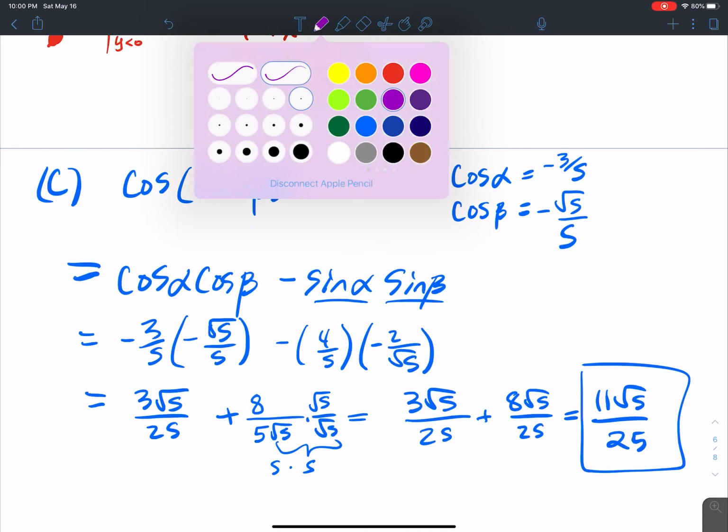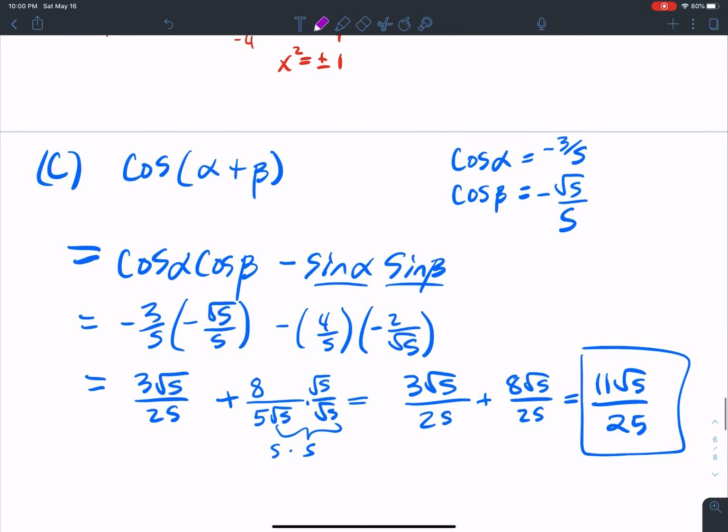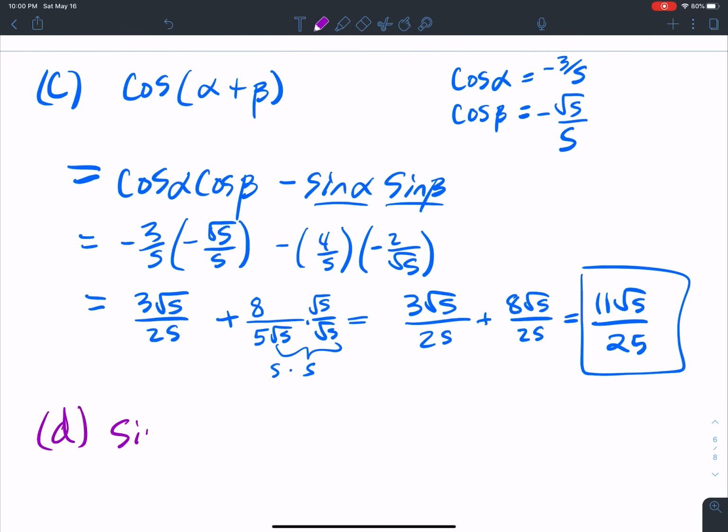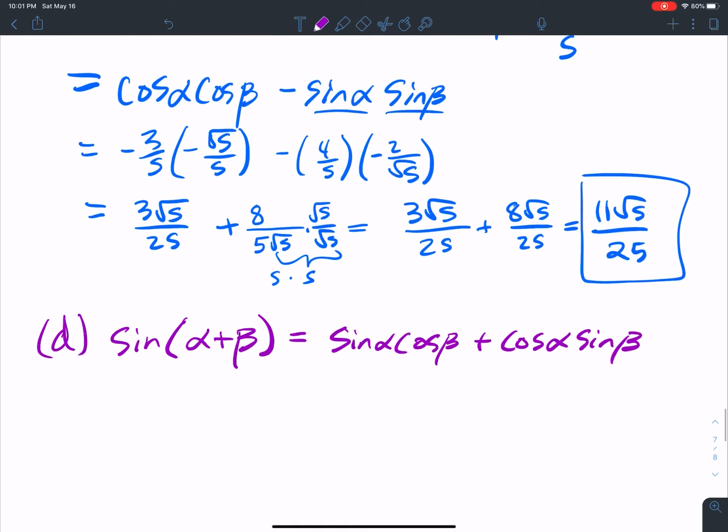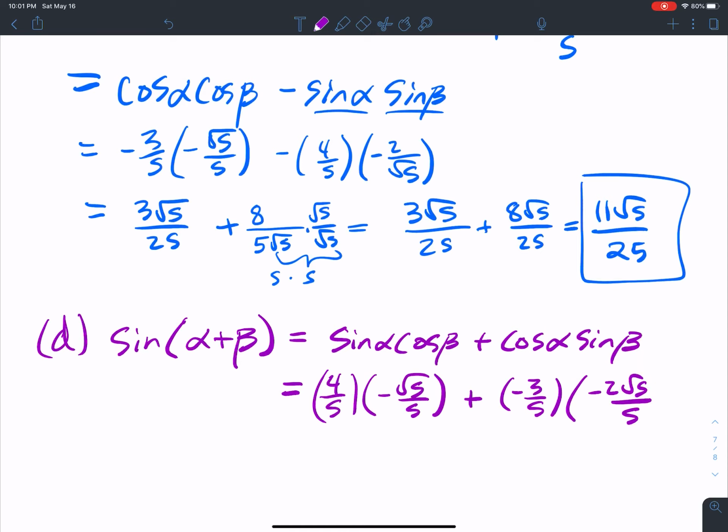And then we've got one more problem. I want to do the sine of alpha plus beta. To do this, I just use the addition formula: sine alpha cosine beta plus cosine alpha sine beta. So I just use what I know. I've got 4/5 times negative square root 5 over 5, plus negative 3/5 times negative 2 square root 5 over 5.